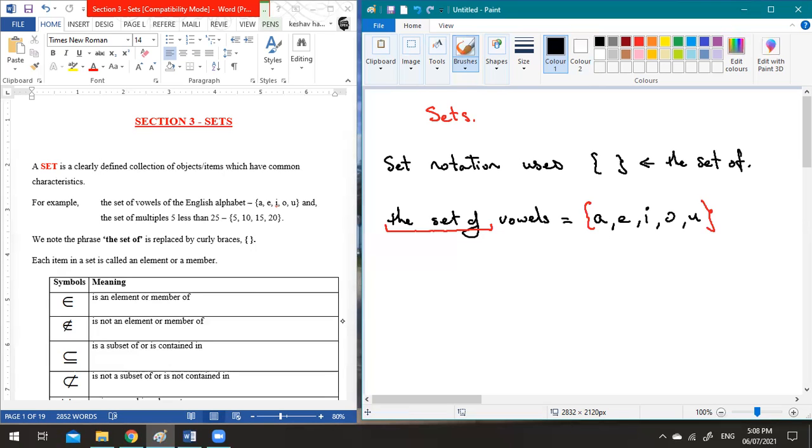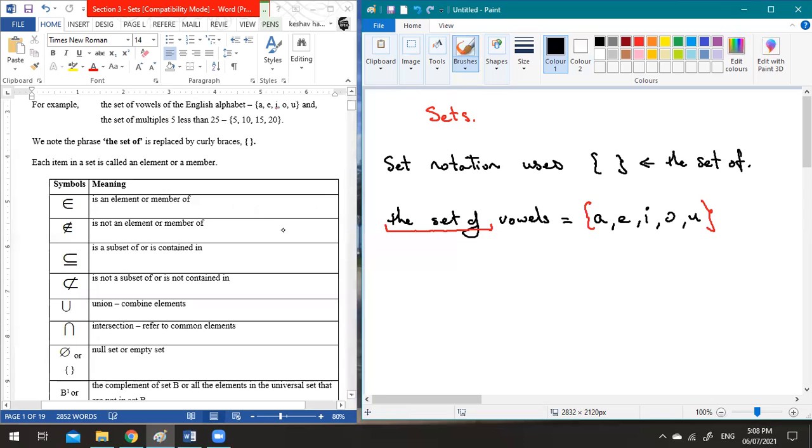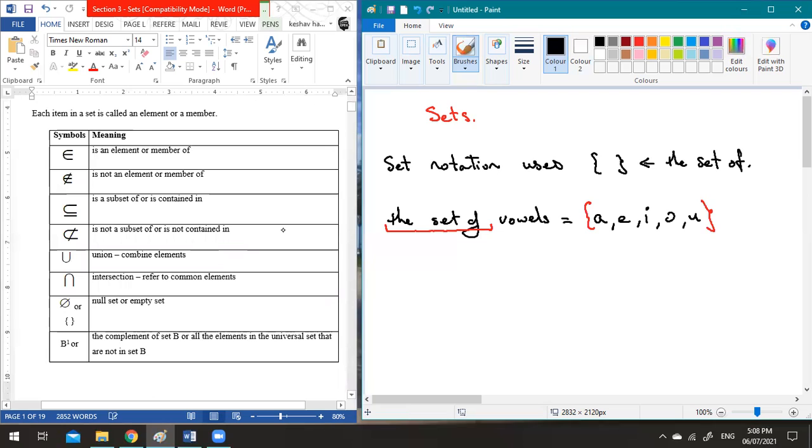And then we have to understand what the symbols in set notation are. So the first symbol we have is this, right? This means that something is an element or a member of a set.